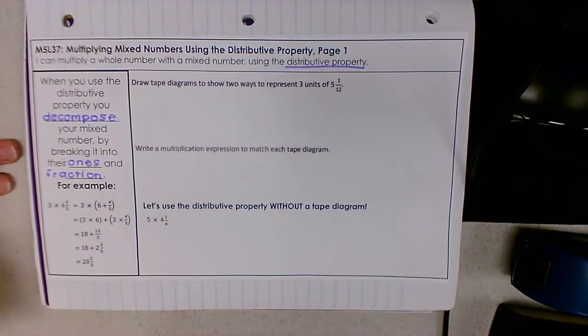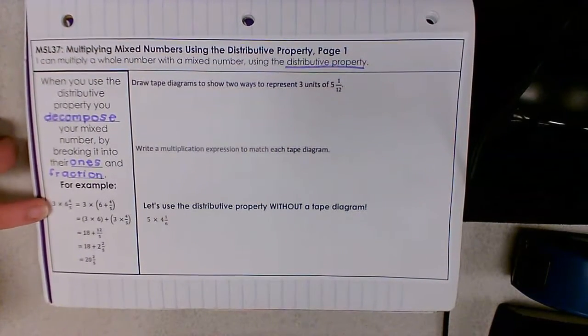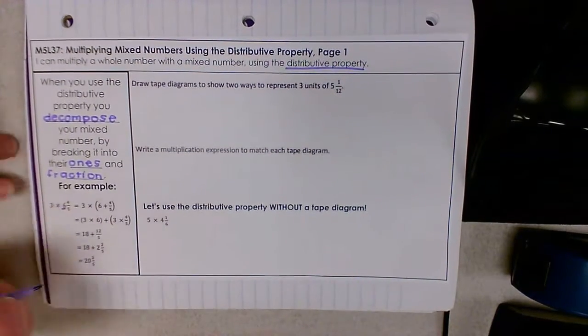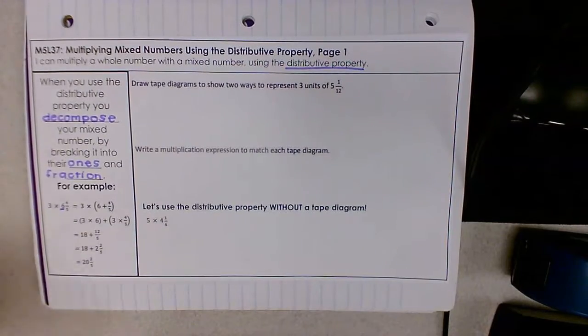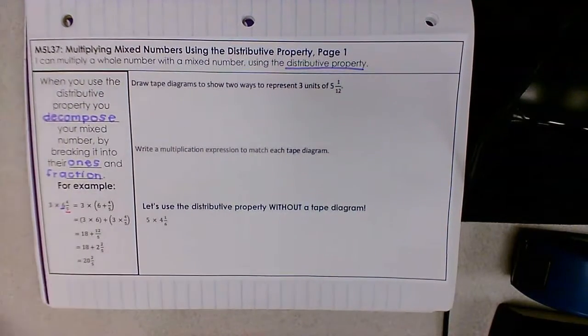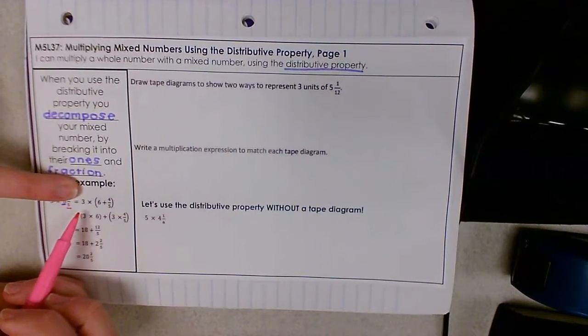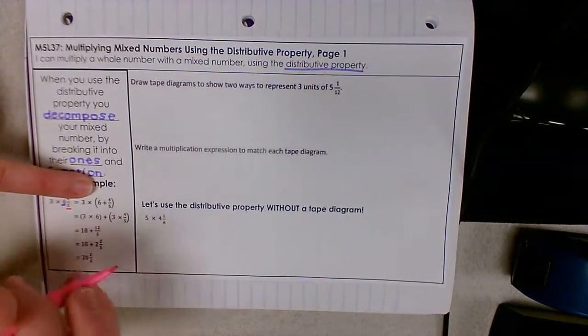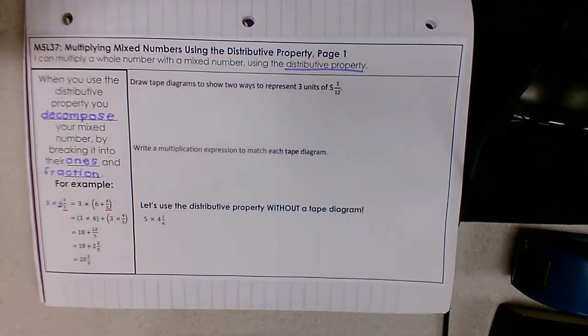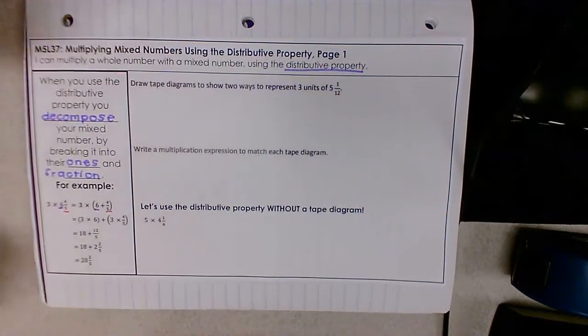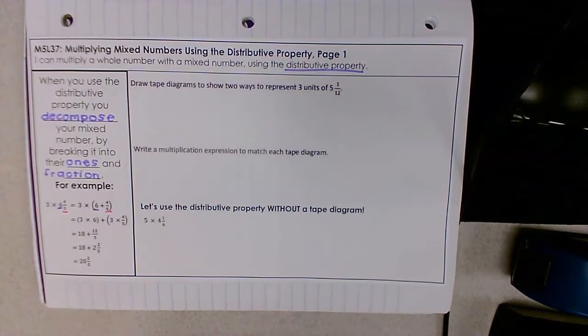The original number sentence says 3 times 6 and 4/5. You can even see it with these parentheses. We've decomposed 6 and 4/5 into their ones and their fraction. When we're using the distributive property, we're distributing, we're handing out.